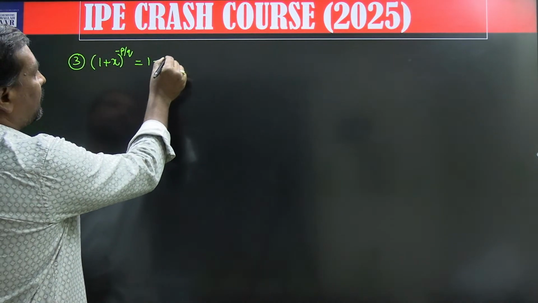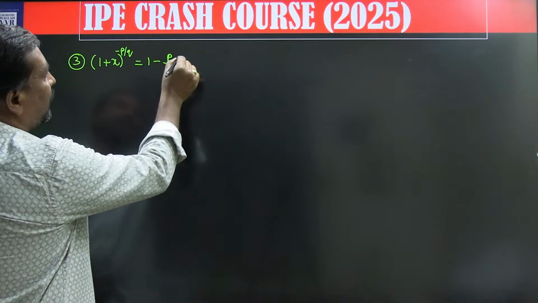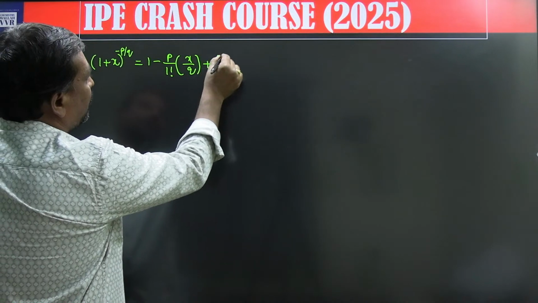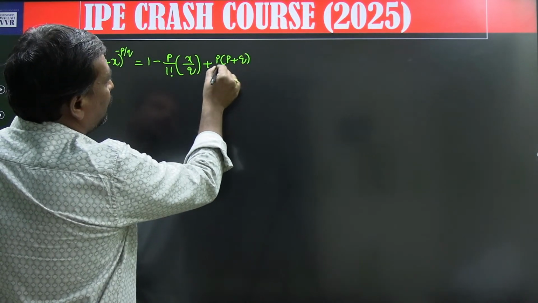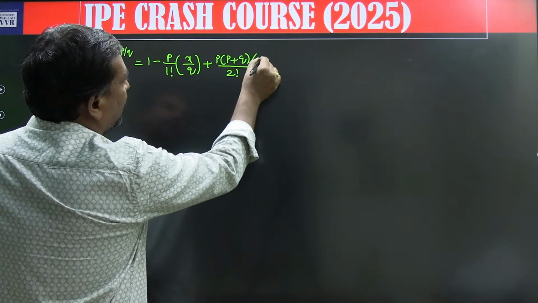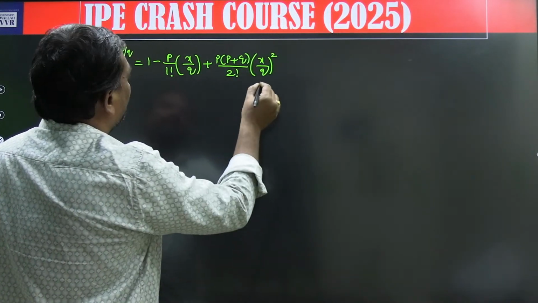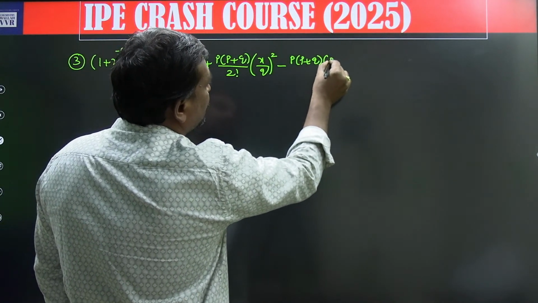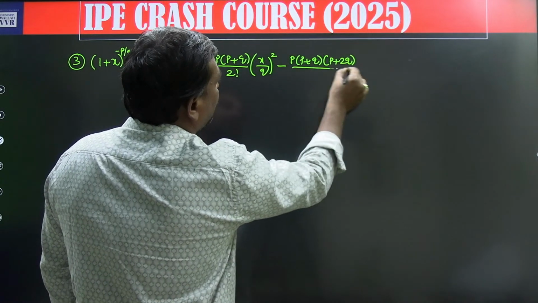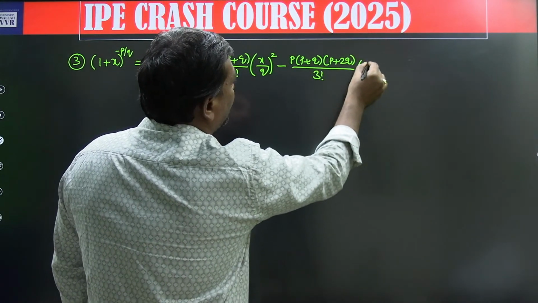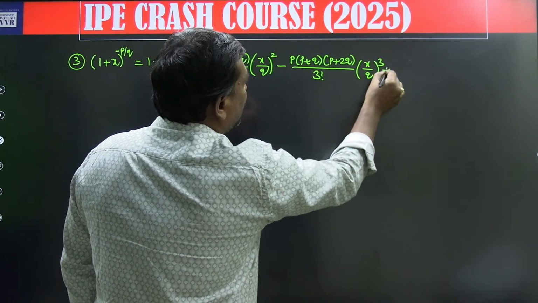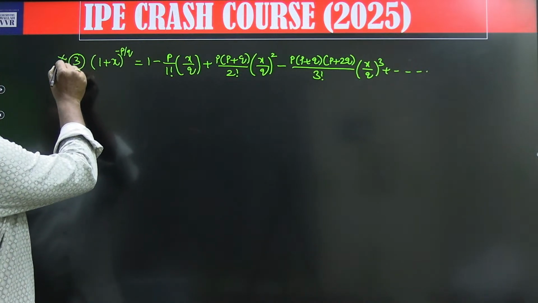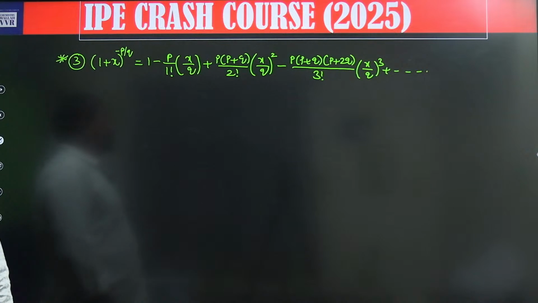This value is 1 − (p/1!)(x/q) + [p(p + q)/2!](x/q)² − [p(p + q)(p + 2q)/3!](x/q)³ plus and so on. This is the most important formula for one problem.